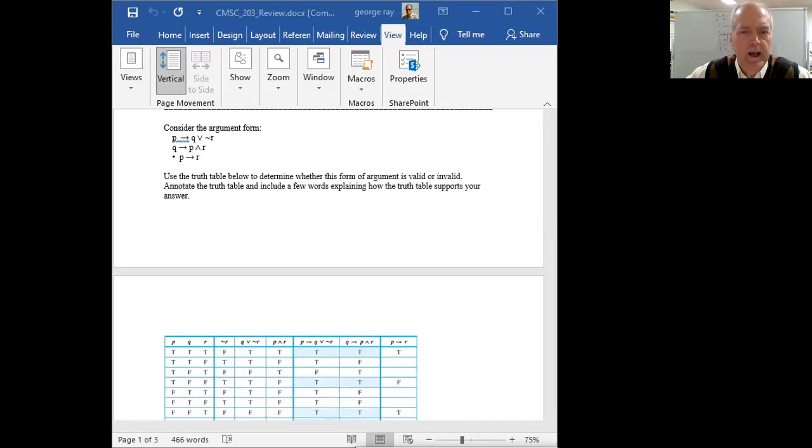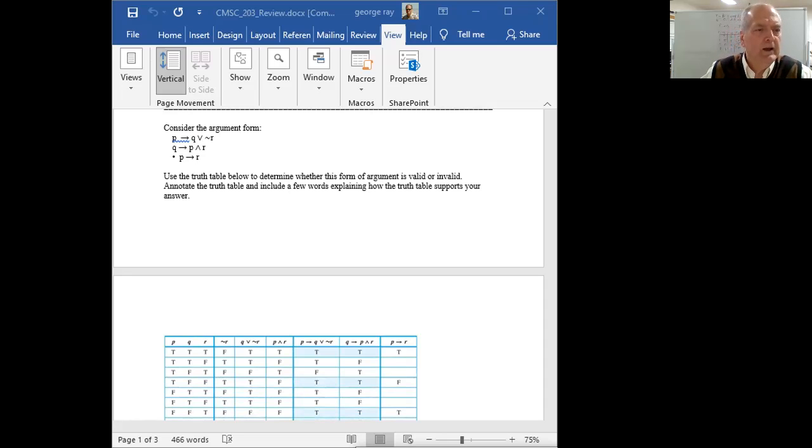We have the major premise, if P, then Q or not R. Then we have the minor premise, if Q, then P and R. And then we have the conclusion, if P, then R. So spend a couple of minutes and look at this one, and determine whether or not this is a valid argument.